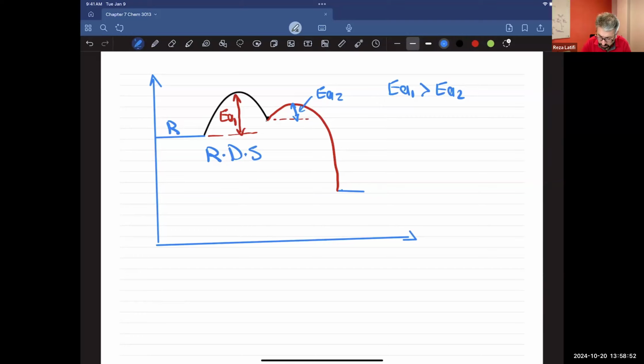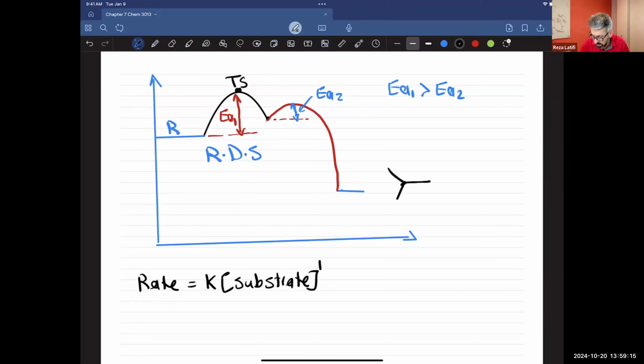So if you look at the transition state, it has only 1 molecule in it. So you say the rate of the reaction is going to be equal to k multiplied by your substrate, because you had only 1 molecule, and the molecularity is going to be first order. And after that, what do I get here? I will get this product, and this product is an alkene.